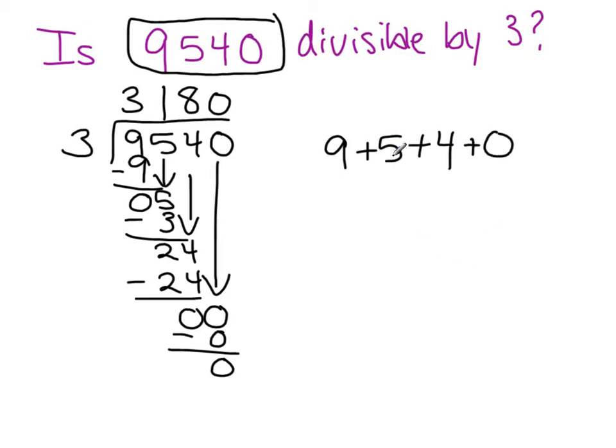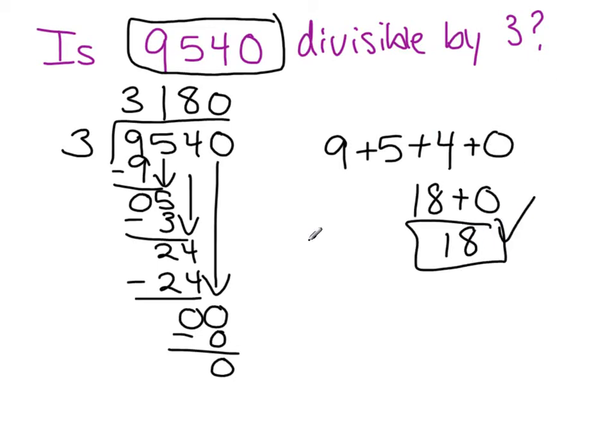So 9 plus 5 is 14, plus 4 is 18, plus 0 is still 18. And 18, sure enough, is divisible by 3. So this checks out. So our answer to this question is yes, 9,540 is divisible by 3.